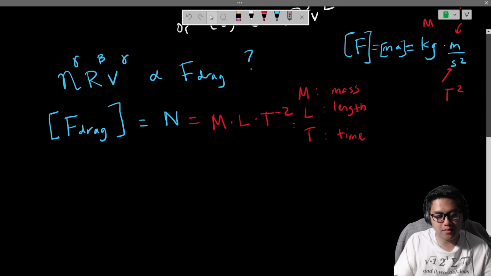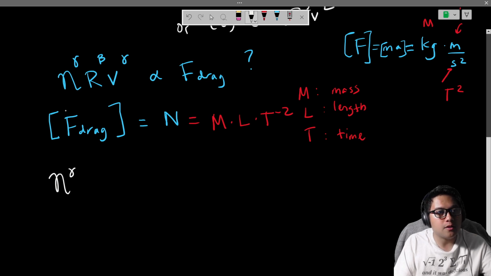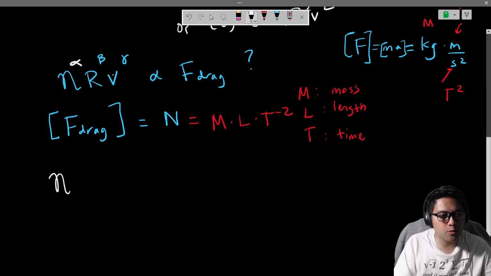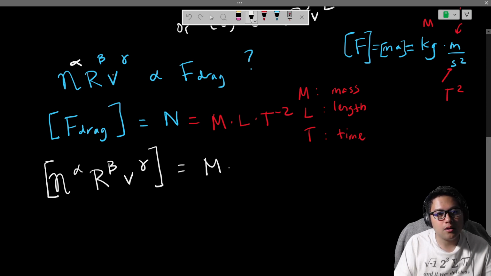And so when we write this, we should write eta to the alpha, r to the beta, v to the gamma. I wrote gamma twice actually here, that should be an alpha, so apologies there. The units of all of these things has to equal an MLT to the minus 2.